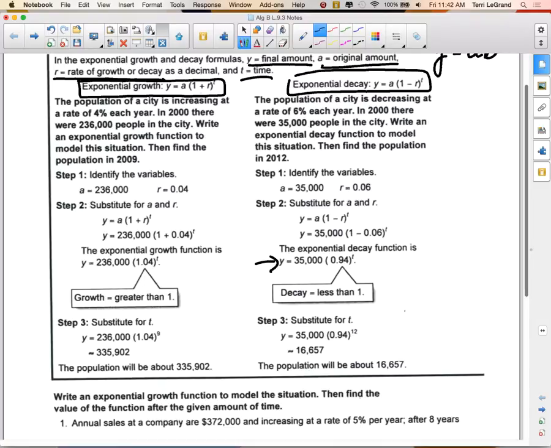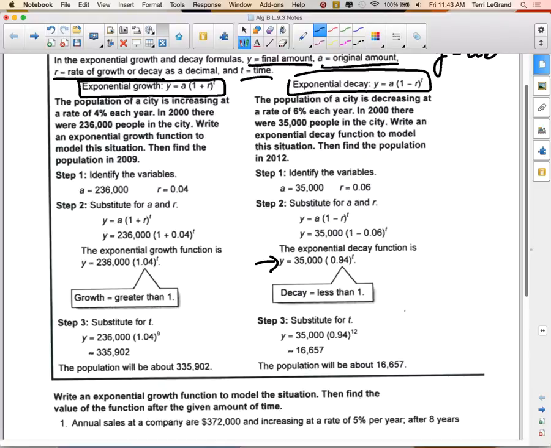What was the starting population of this city, Tori? 35,000. What year is the starting year in this problem, Faith? What's the starting year in our decaying population? 2000 again? Okay.